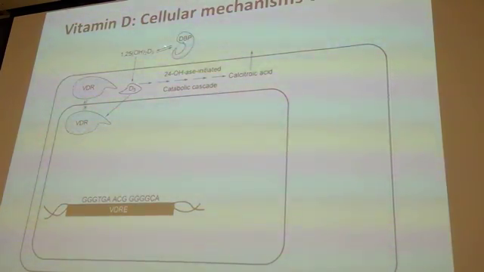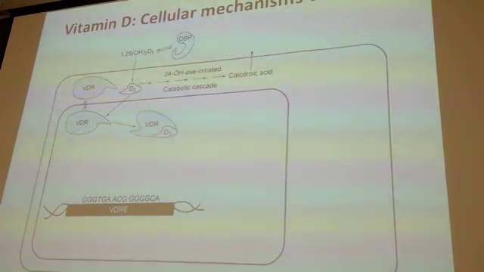It's absorbed into target cells, and once it's present in the cells, here we see this D3 representing our active vitamin D has a few different routes. It can either be metabolized, so broken down, using this 24 hydroxylase pathway, or it can complex with the vitamin D receptor.